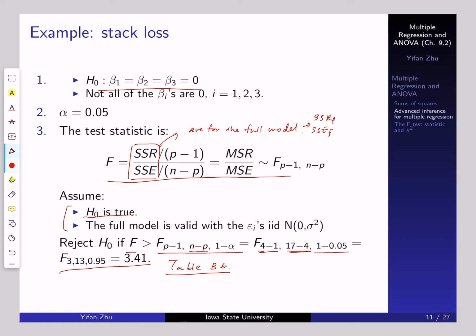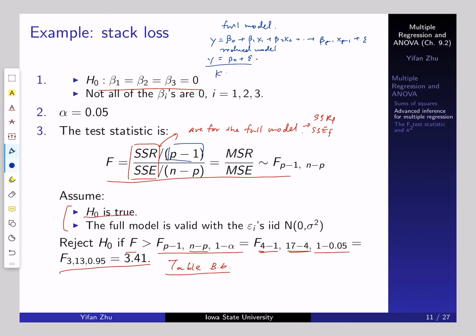Actually we do have the SSR here, because in this case, the full model has p parameters and the reduced model is just beta naught, with 1 parameter.